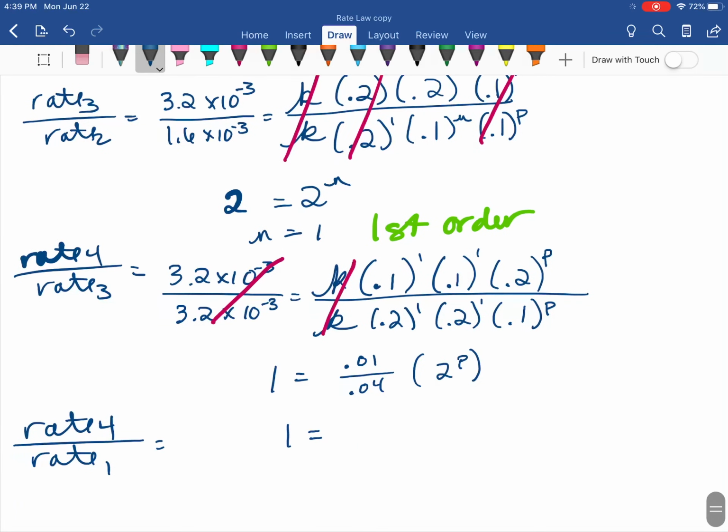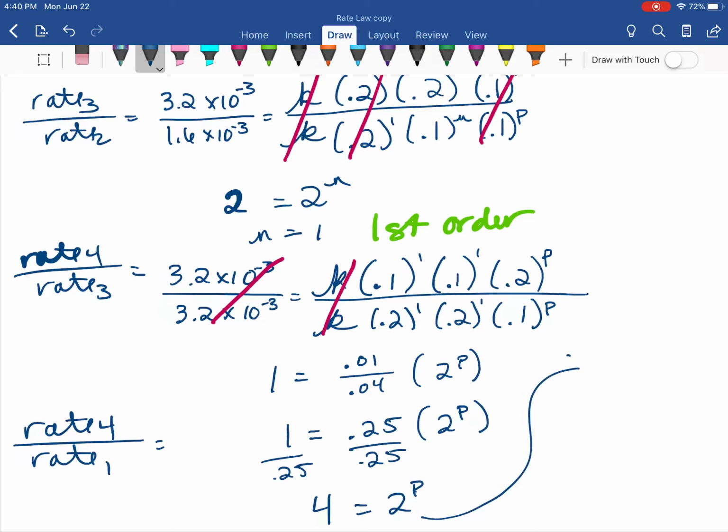I'm going to get 1.25 times that 2p. Remember, our goal is to solve for p. So I'm going to go ahead and divide my 1 by 0.25. So I'm going to get 4 equals 2p. Now we're talking turkey. What does our p equal to?